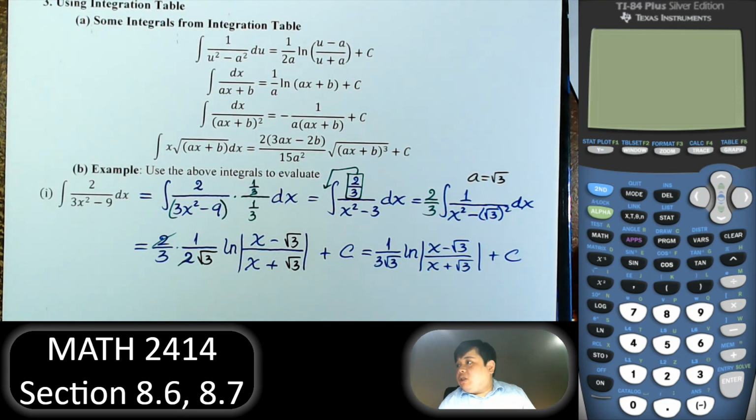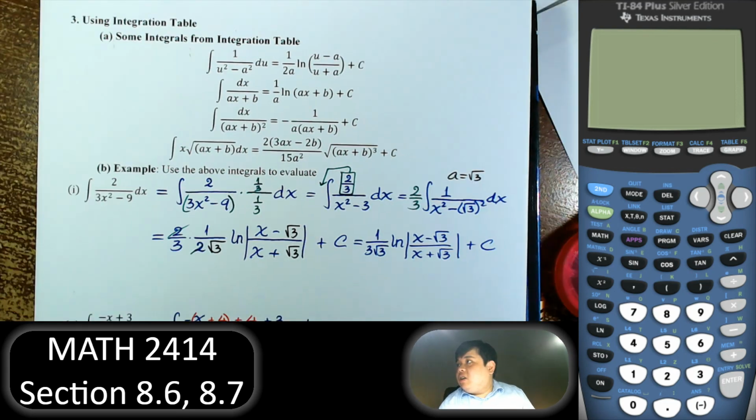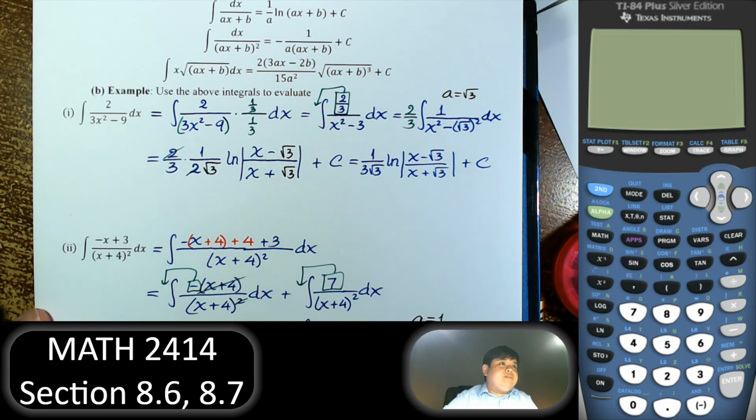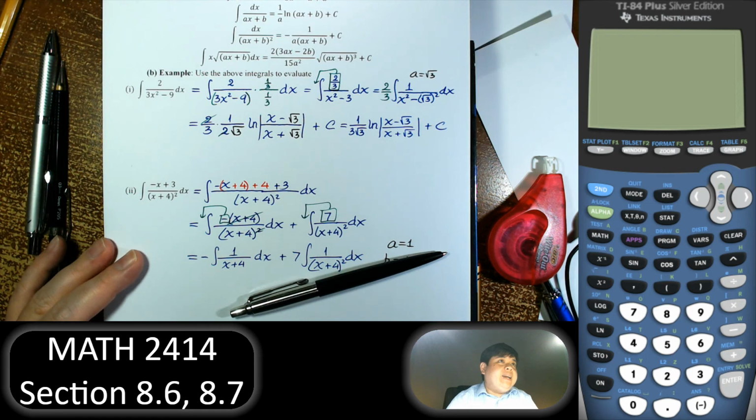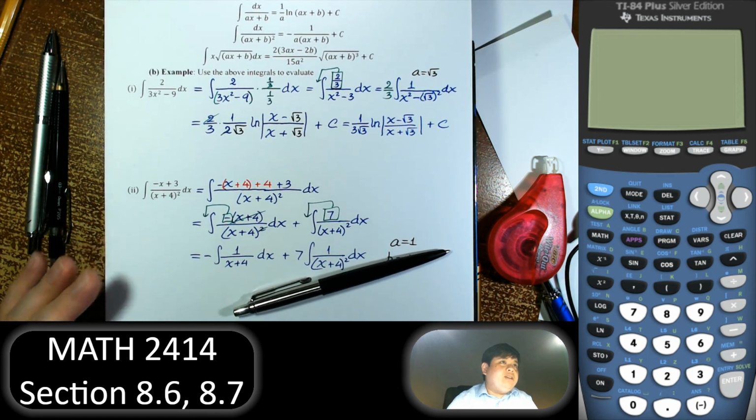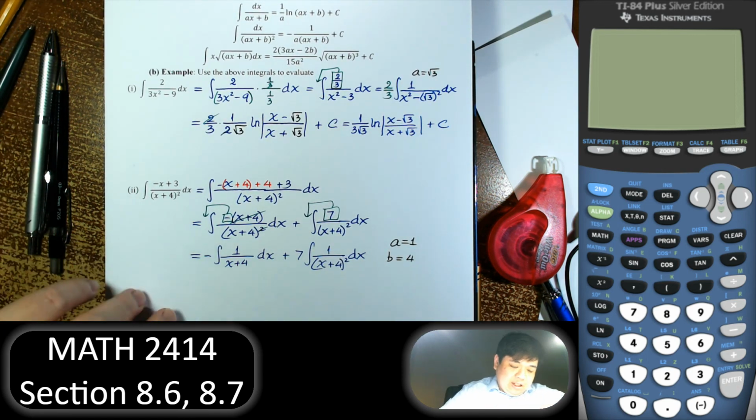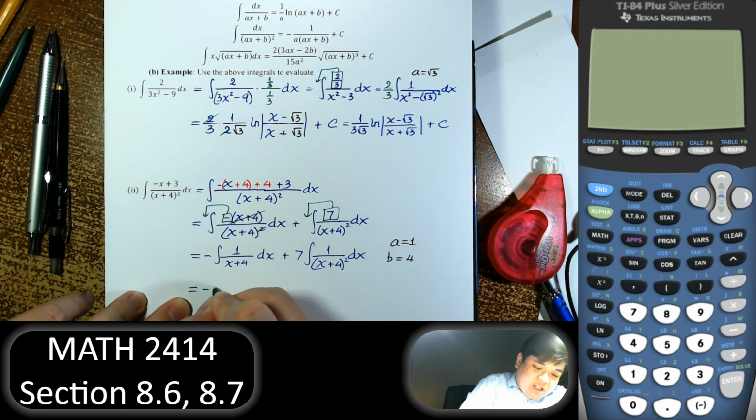So when a is 1 and b is 4, put it back in here. Let me zoom out. It's not enough. Yep, that's better. By the way, this is just ln of x plus 4. We actually did this before, right?